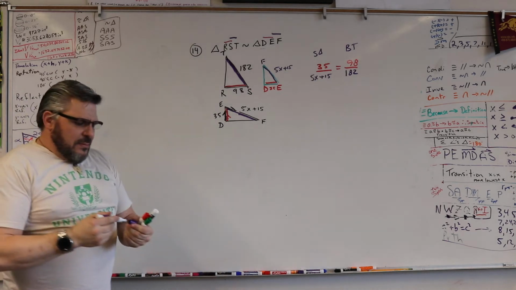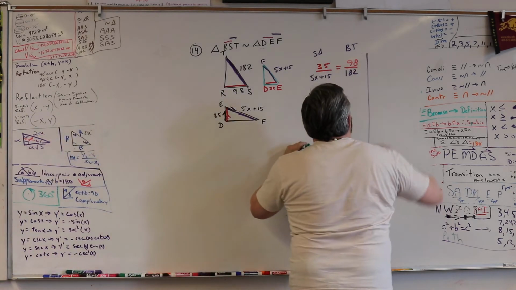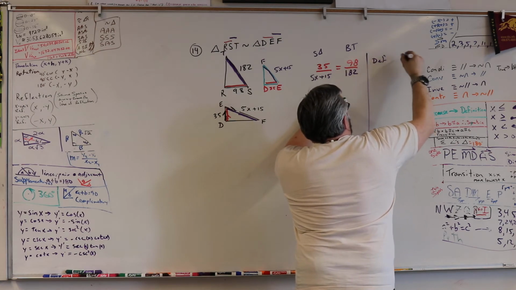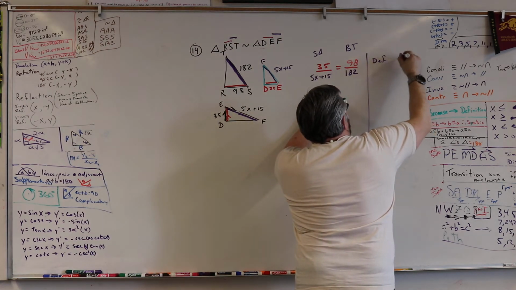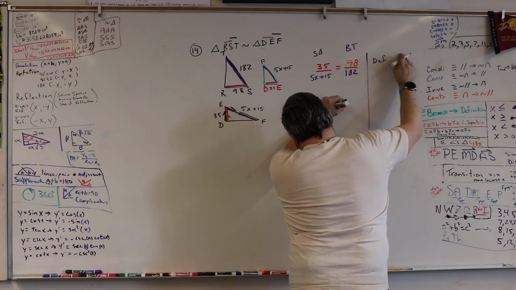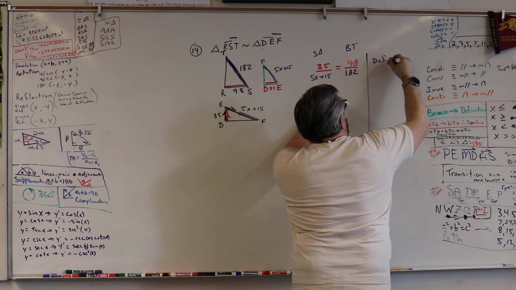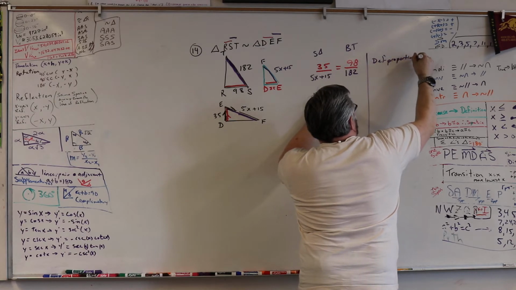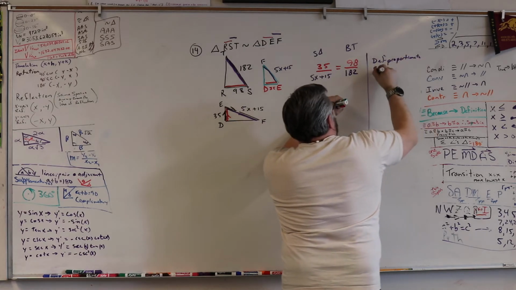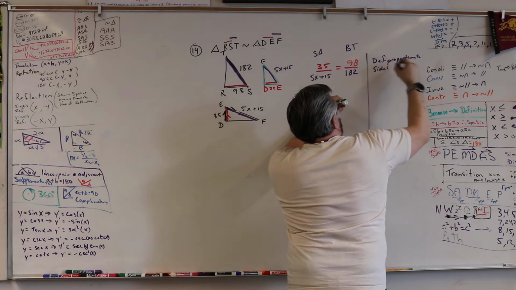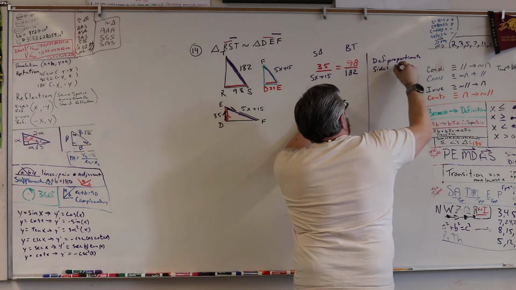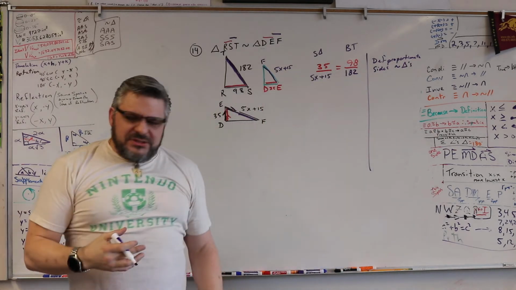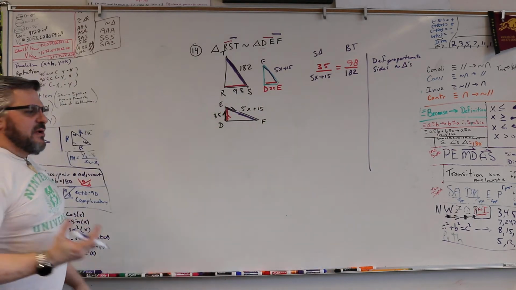Okay? Is that it? Well, that's a start. That's a big start. That is the definition of, no, sorry, I said it earlier. The definition of proportionate sides of similar triangles.